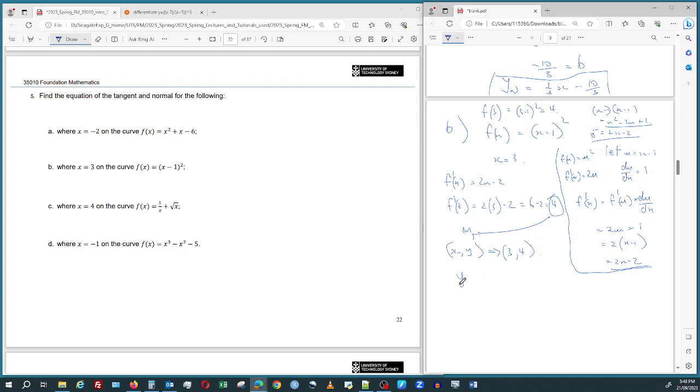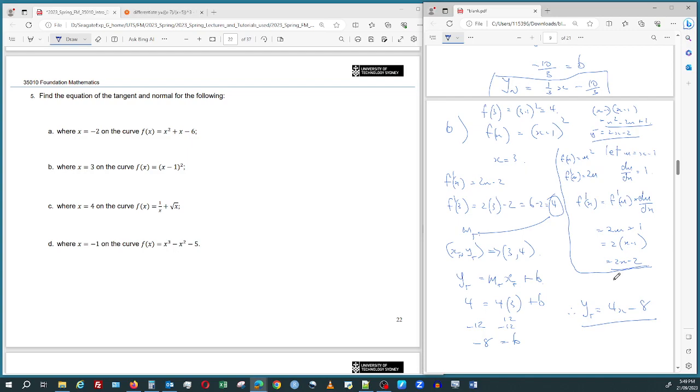So yt is going to be equal to mt xt plus b. yt is 4, 4 times 3 plus b. We're solving for b. 4 minus 12 is minus 8. So b is equal to minus 8. Therefore, the tangent equation is 4x minus 8.